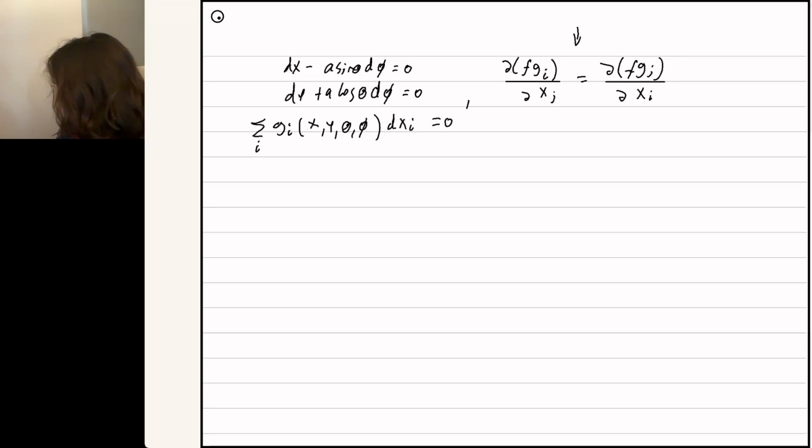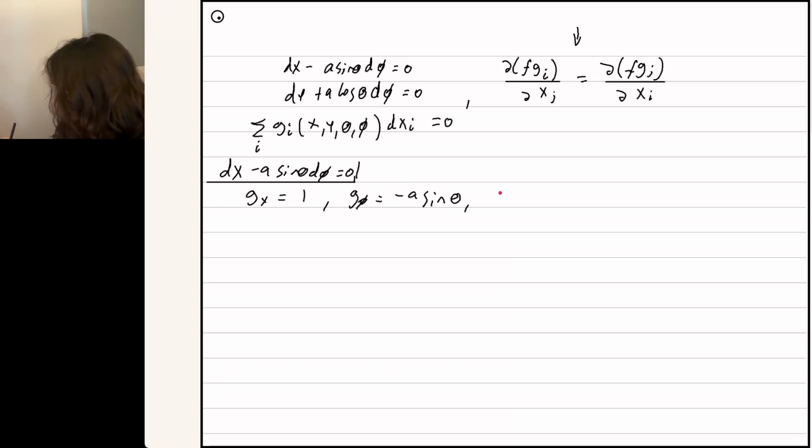In the case of the first constraint, dx minus a sine theta d phi is equal to 0. You can see that gx is just 1. It's 1 multiplied by the differential. G phi is equal to minus a sine theta.